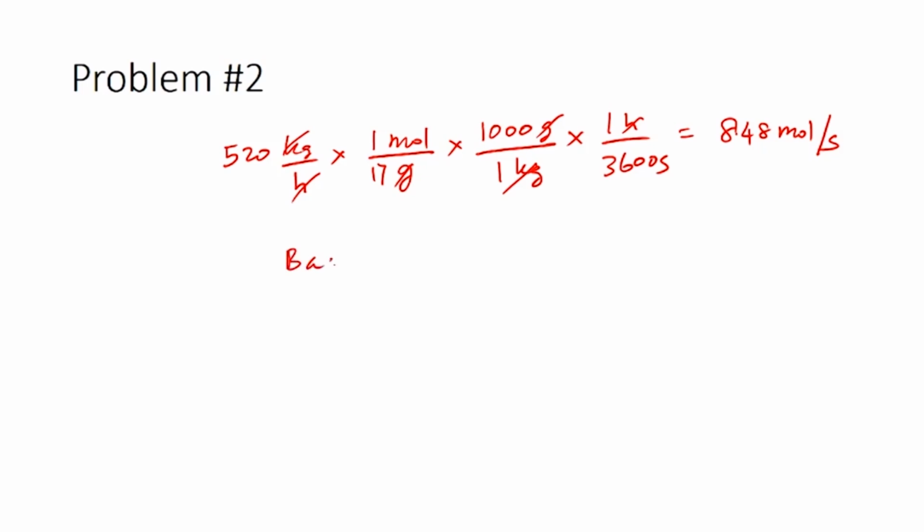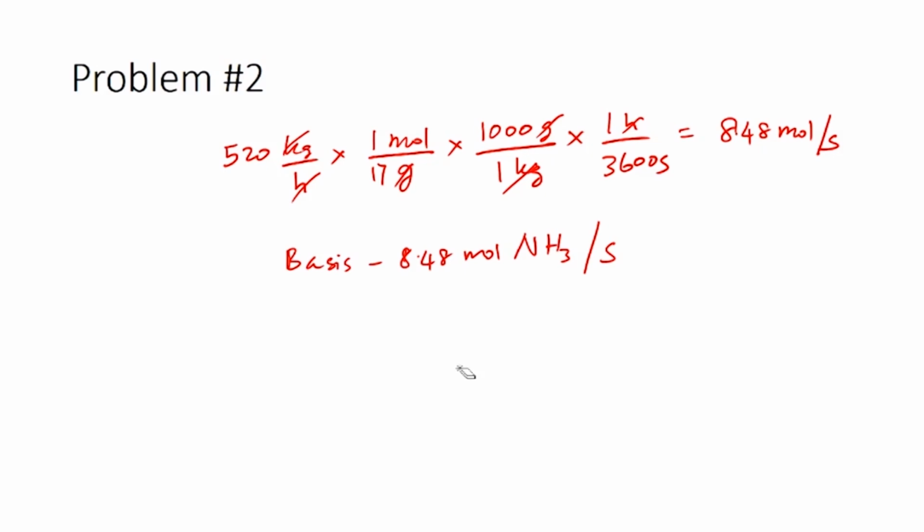So, the basis for this problem would be 8.48 moles of ammonia per second. Using this basis, let us now draw the flow chart for the system.